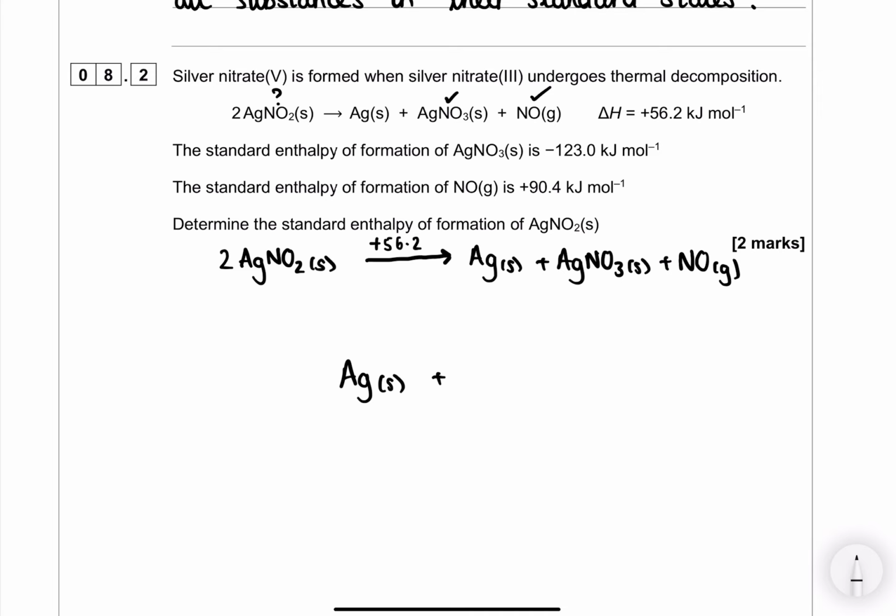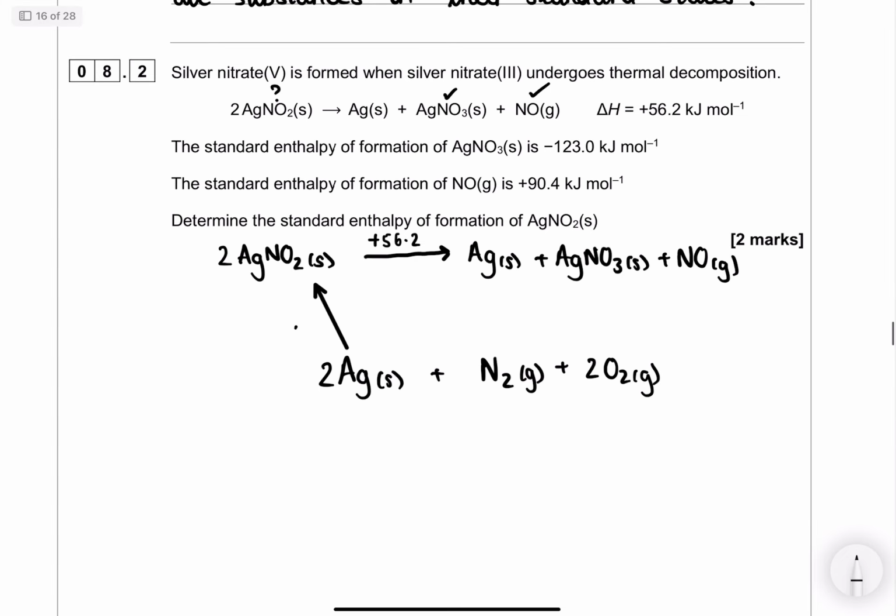We've got 2 silvers, 1 nitrogen gas, and we'll have 2 O2 gases. That's the elements from which we can form this, and that is the enthalpy of formation, the one we're trying to find out, 2x, from its elements.